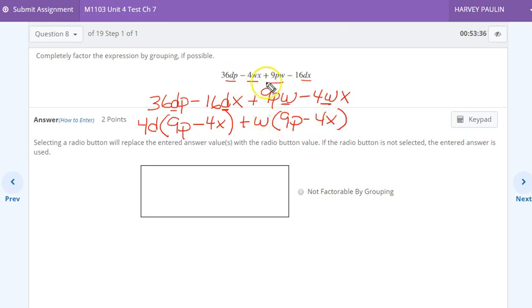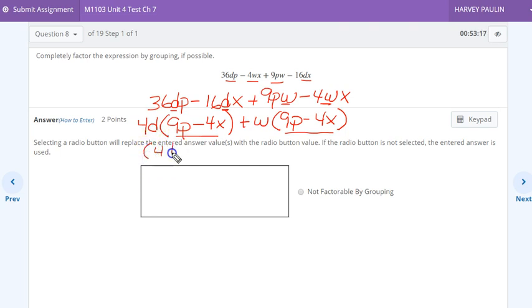So this one was a little bit of a challenge. We have reordered them, taken out a common factor. So now we have this as a common factor in both, and then these I will put in another parenthesis.